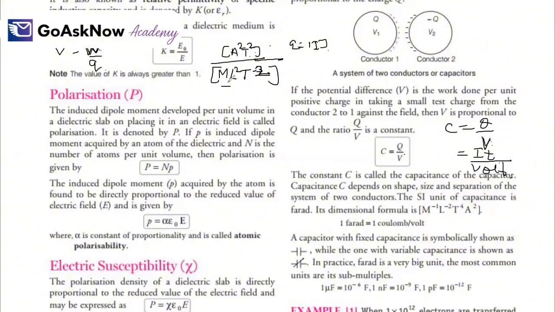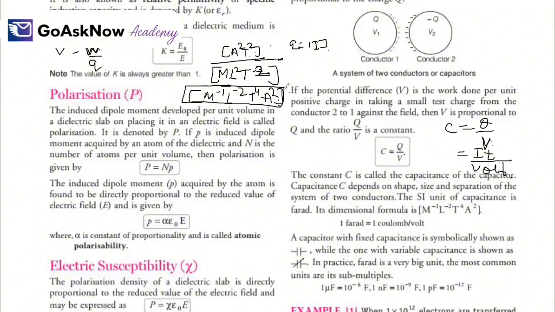Now just take it above, and you will get M^-1 L^-2 T^4 A^2. So this is the dimensional formula of capacitance. I hope you got how I found out the dimension formula of capacitance.